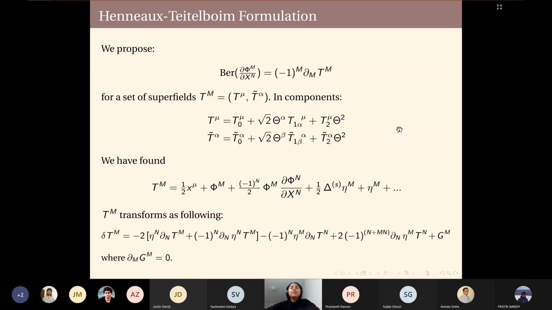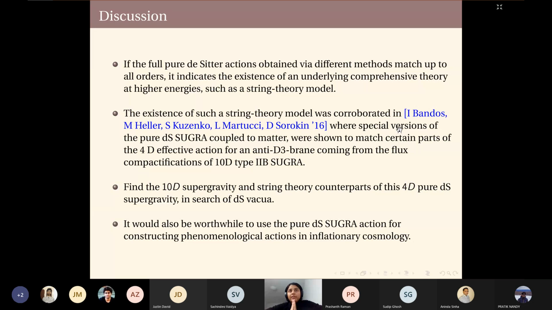And once we manage to find that action, then we can compare it with the Goldstino brane action or the nilpotent superfield action up to all orders. So if it turns out that all the 3 actions are equivalent up to all orders, it will provide us strong grounds for believing that they come from some underlying theory, I'd say at higher energies, like some string theory model.